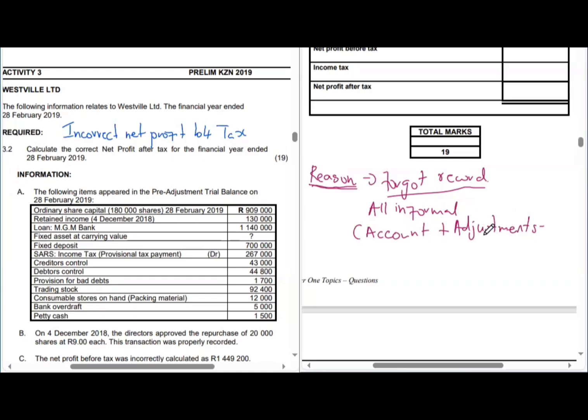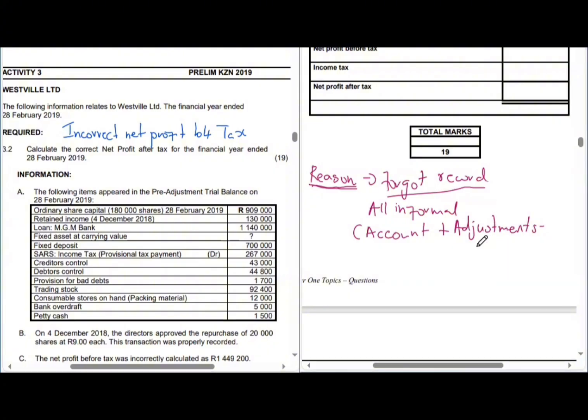For example, whenever I talk about account and adjustment, I mean they have completely forgotten to record, maybe for example, rent income, the amount from the trial balance, as well as the adjustment for it. Maybe again, for example, they forgot to record salaries and wages, the amount from the trial balance, as well as the adjustment for salaries and wages.